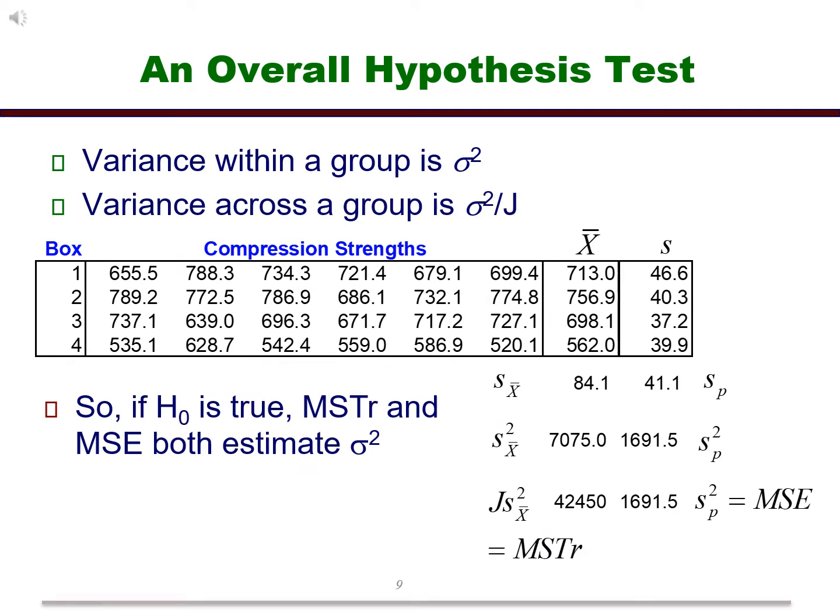The variance within each group is an estimate of sigma squared, while the variance across the groups is sigma squared divided by J, the number of groups. If we pool the variance within the groups, we get an estimate of the mean square error. If we take J times the variance across the groups, we get an estimate of the mean square treatment. But if H0 is really true, then both these quantities estimate the population sigma squared.